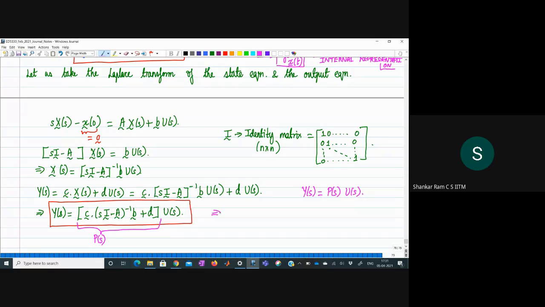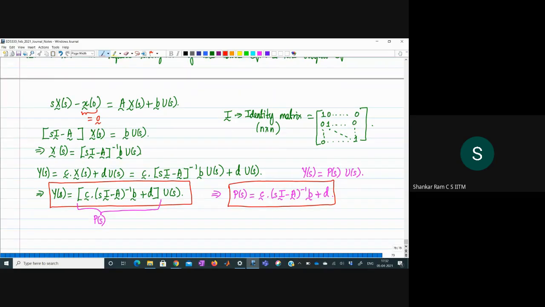So this essentially gives us a very important equation which shows the relationship between the state space representation and the transfer function representation. The transfer function is going to be C (sI minus A) inverse B plus D. So you see that we have an equivalent relationship between the transfer function and the state space representation.